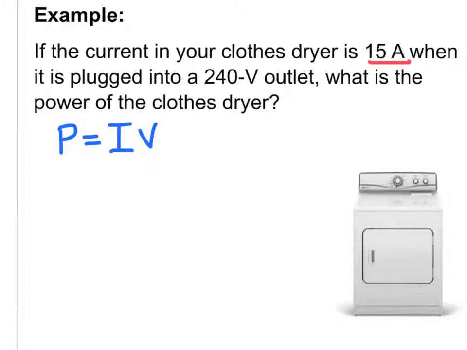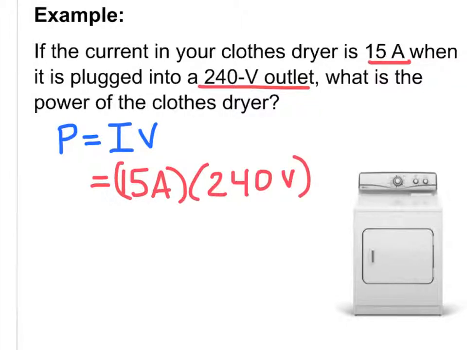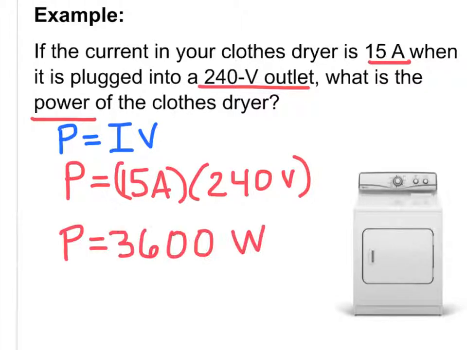We know that 15 amperes is our current. We know that we have a 240 volt outlet. So we can then calculate what the power of the clothes dryer is. The power is 3,600 watts.